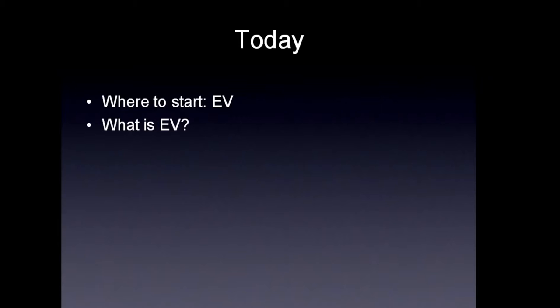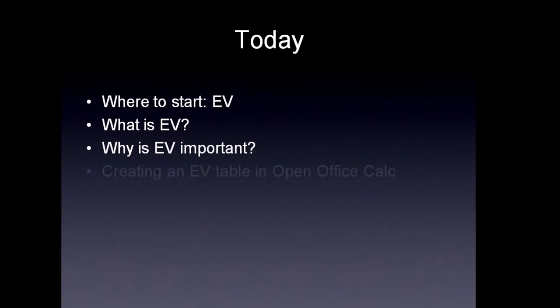Expected value is the sum of the net results of all possible scenarios weighted by the chances of those scenarios happening. And that sounds complicated, but we will go into that. And why is EV important? Because EV is what drives poker. In all decisions, you should be striving to make the highest expected value decision.